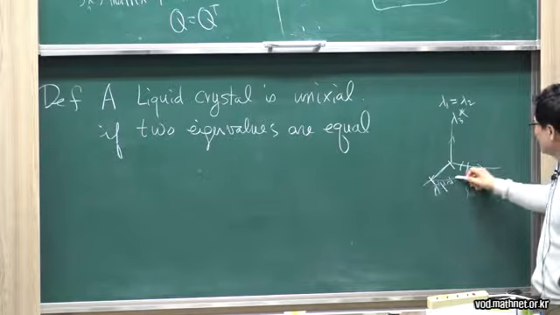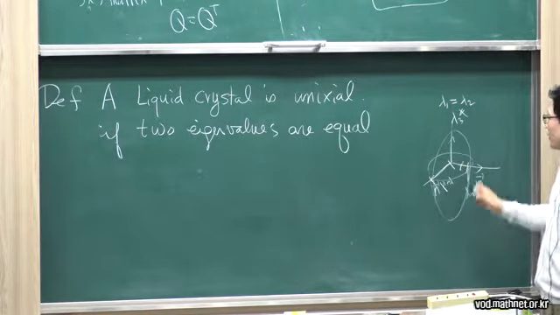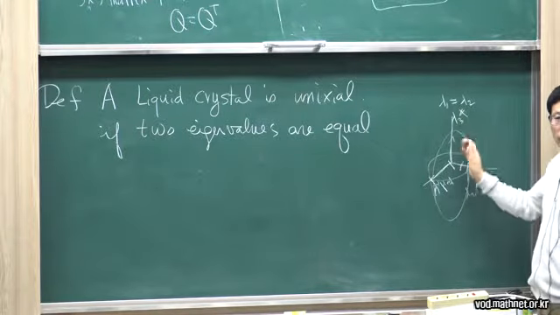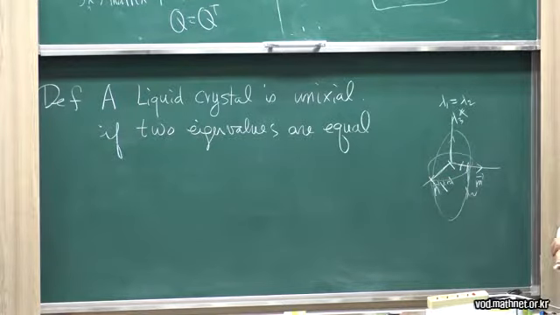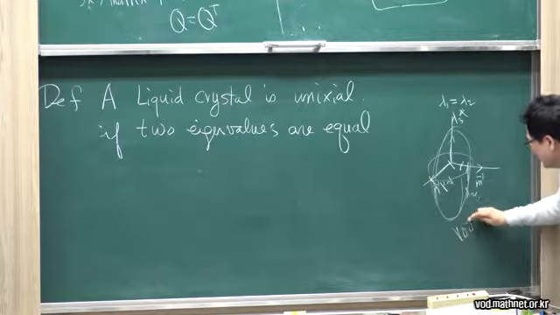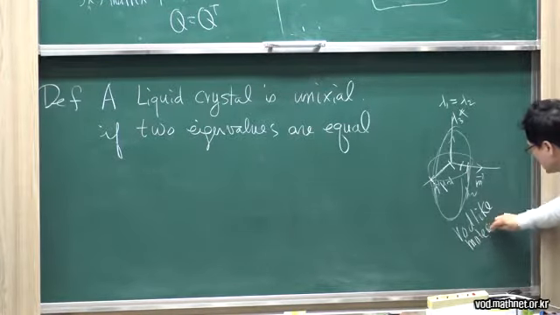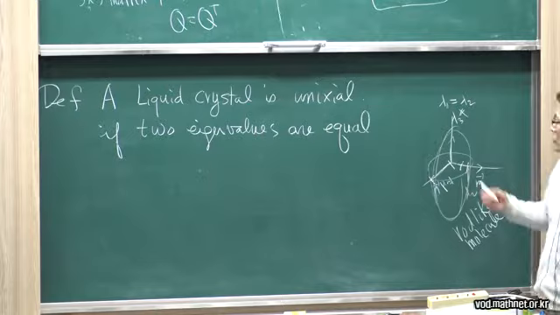Then you make an ellipsoid like this, which is rotationally symmetric along this axis. It looks like a stick, like the molecules. In optics there is only one axis, so that's why it's called uniaxial.